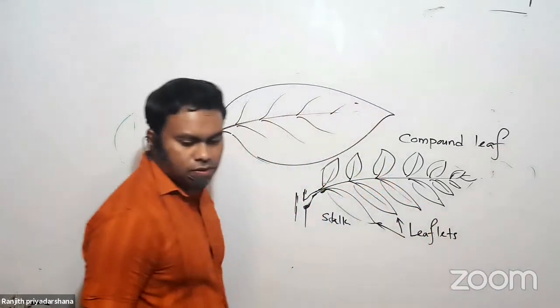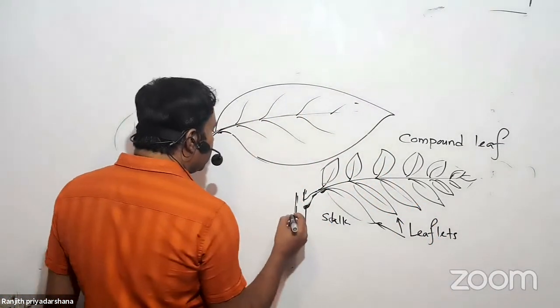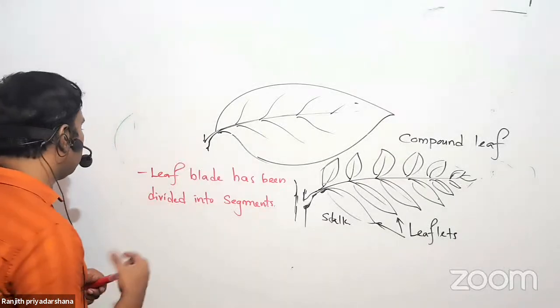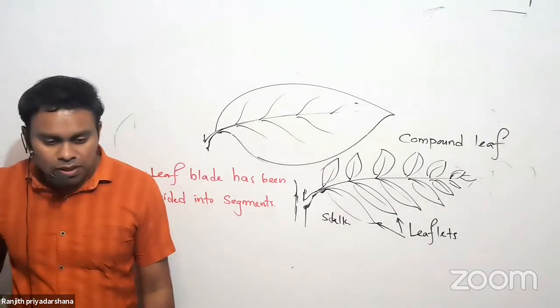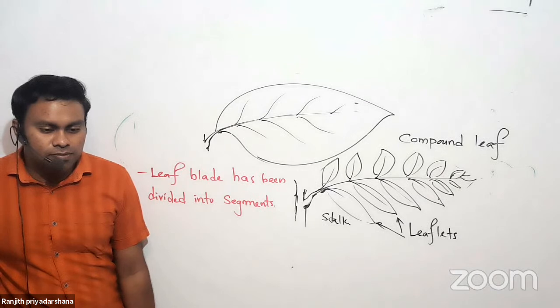A compound leaf means the leaf blade has been divided into segments. That's how a compound leaf is formed.